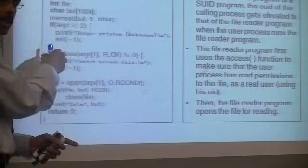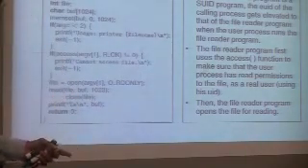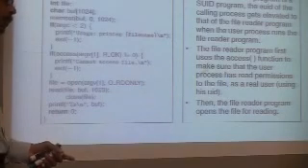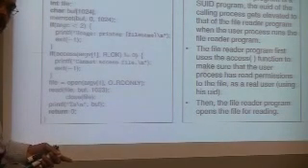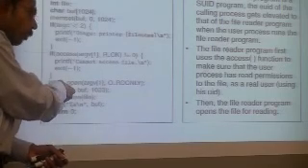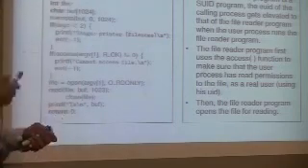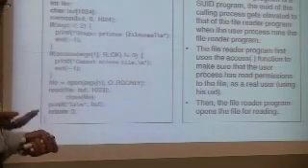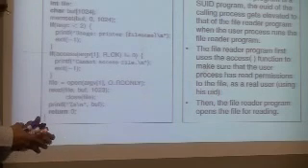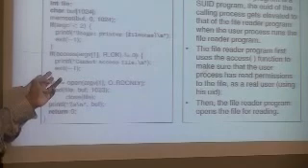Once you make sure the real user has the read permission, you come back and open the file. But the open function, as I said, works based on the effective user ID. So it checks whether the effective user ID can read the file. And since this is a set user ID process, the effective user ID is the root, and the root can read the file, so you can open the file and start reading it. Is that clear?